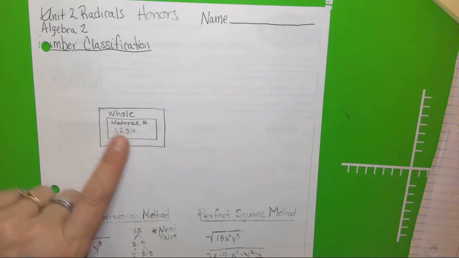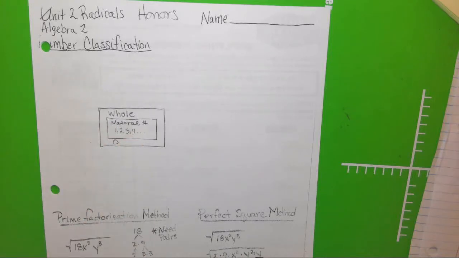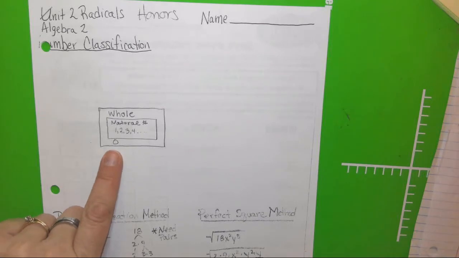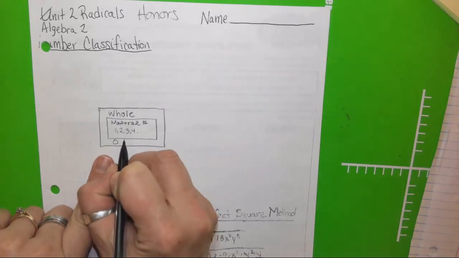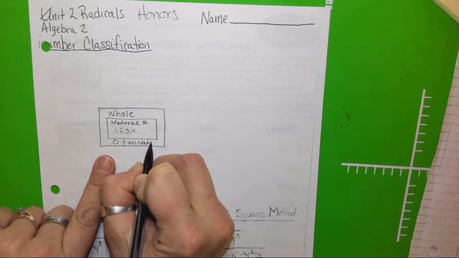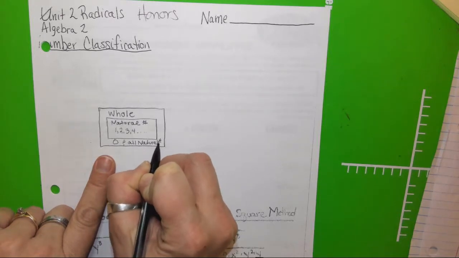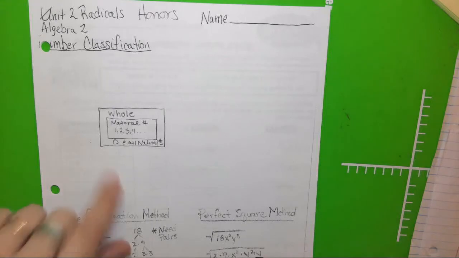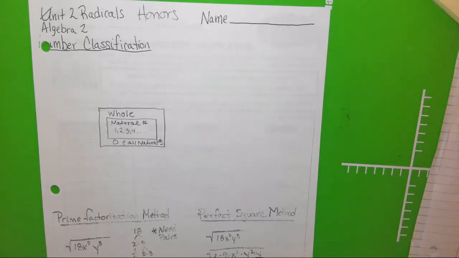Natural does not have an O in it, so 0 is not a part of it. I don't know if that helps you remember it or not. So it's 0 plus all natural numbers. There's no natural numbers that aren't considered whole numbers.